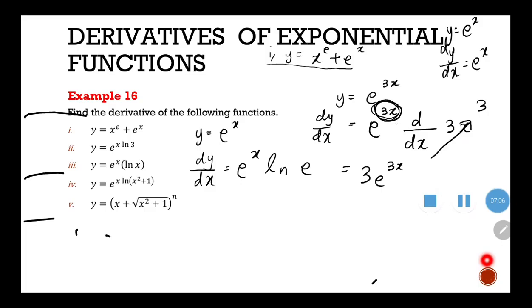So when you derive 3x, you will get 3. So the final answer for this is 3e to the power of 3x.